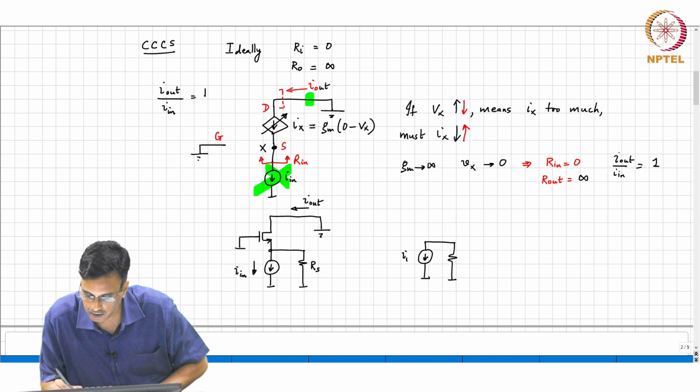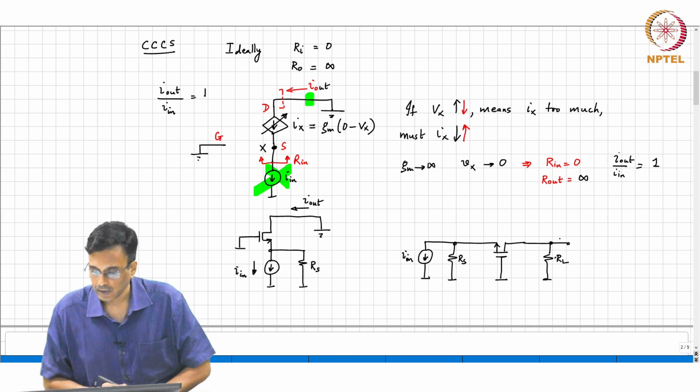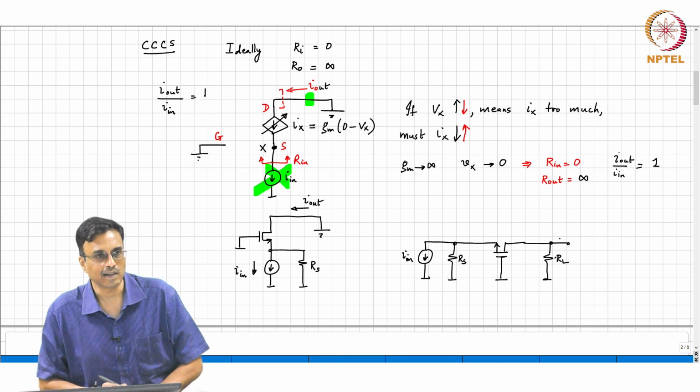So, this is I in, this is Rs, this is a current source. Let us say I push it into a load, all right. So, it is the same circuit except that I have inserted a load in the drain.